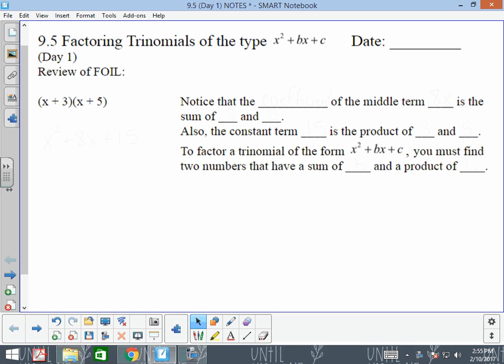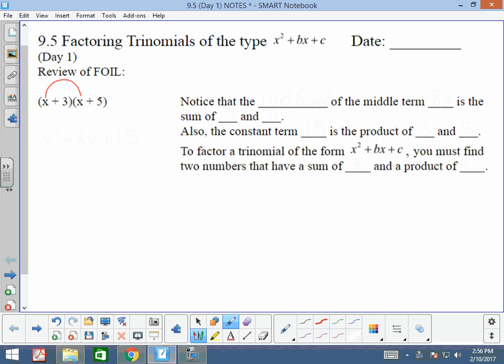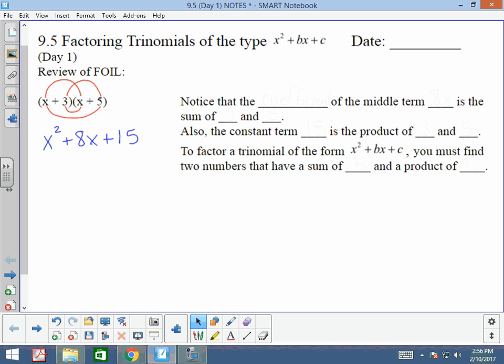So remember, when you use FOIL, you multiply first times first, the outside terms, the inside terms, and then last times last. Using FOIL to do that mentally, we get x squared plus 8x plus 15. Now notice that the coefficient of the middle term, 8x, is 8.